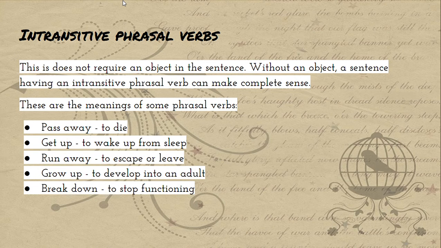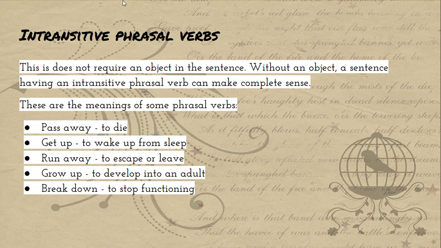If you remember the last example, which talked about multi-word verbs not having an object, meaning they couldn't be separated, and when they're separated, they wouldn't even make any sense. So, run away, to escape or leave, grow up, to develop into an adult, break down, to stop functioning.